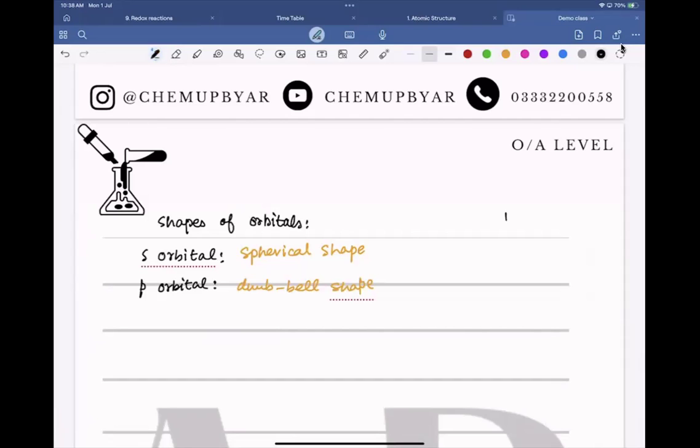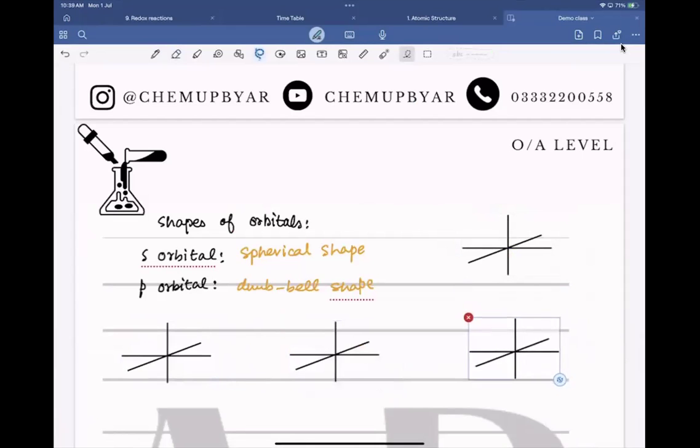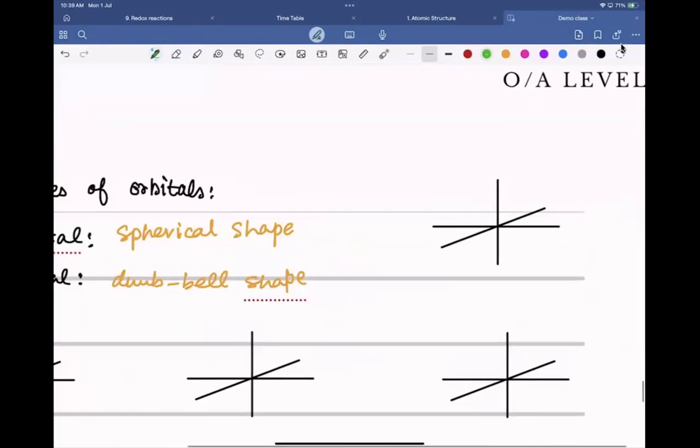Now, if the examiner asks you to draw them, what do examiners do? Mostly the examiner provides you the axis. So S is spherical, so you always draw a circle at the origin, that is S. Okay.